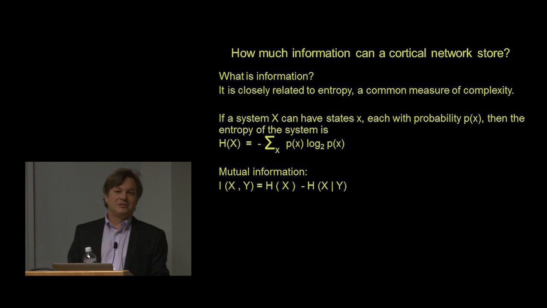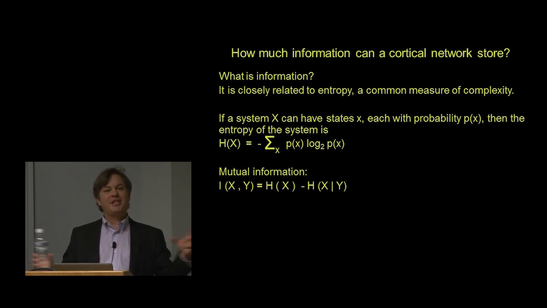And now, what's the simplest decoder of 8 bits? The number. So mutual information between our magic decoder of 8 bits and the 8 bits themselves is the entropy of the 8 bits, 8, minus the entropy of those 8 bits given the number.